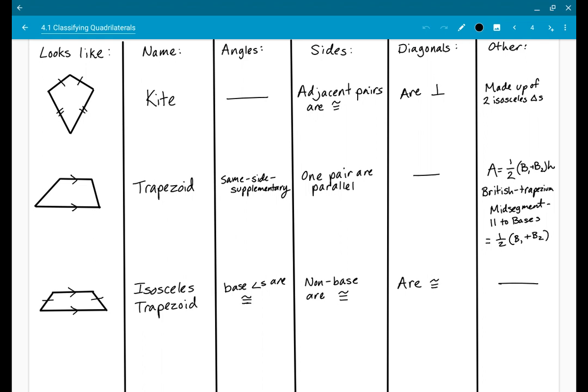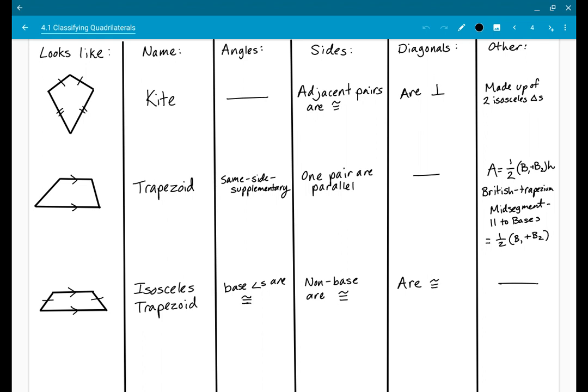Now, a trapezoid has some similarities to a parallelogram because it has one set of parallel sides, but the opposite sides in between those do not necessarily have to be parallel. In fact, they can't be parallel, otherwise it would be a parallelogram.